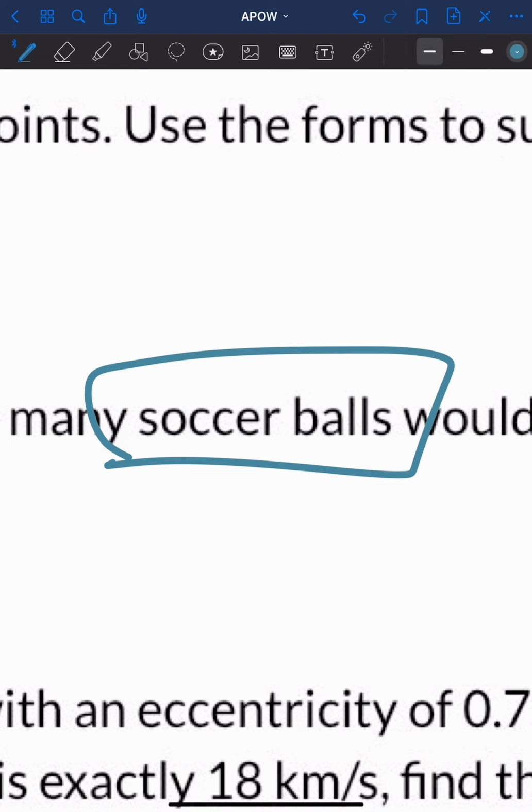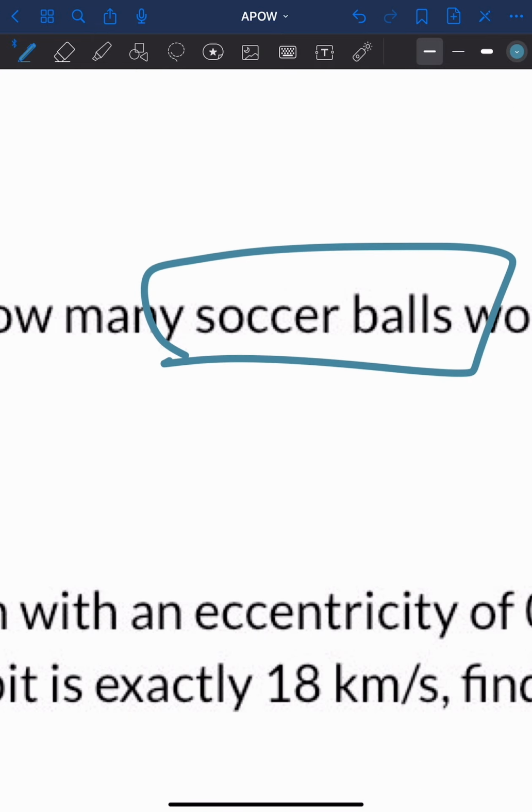Oh, there's actually different sizes. 22. Oh, wow, okay. How about volume? Okay, apparently it's like 22, 23. Can we just estimate it to be like 25 centimeters?